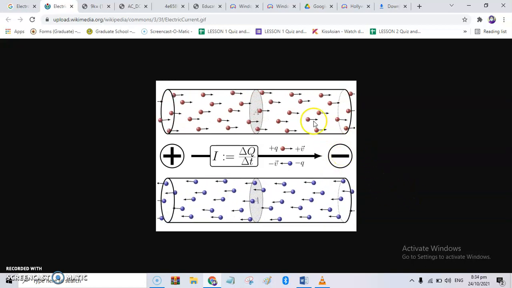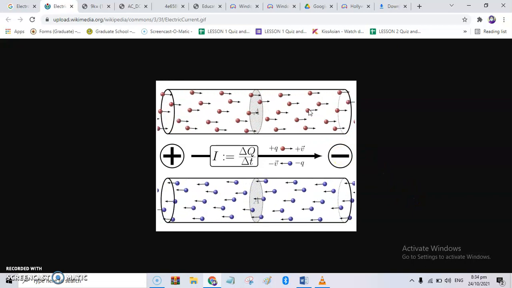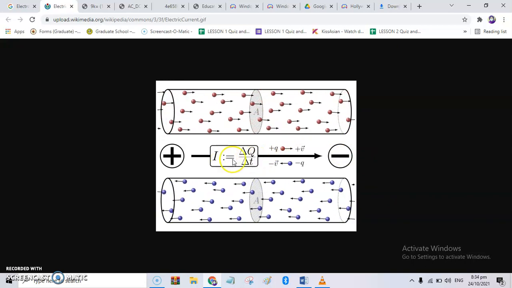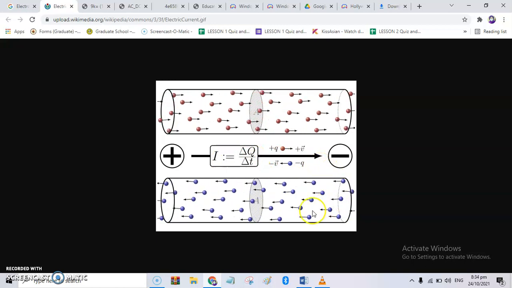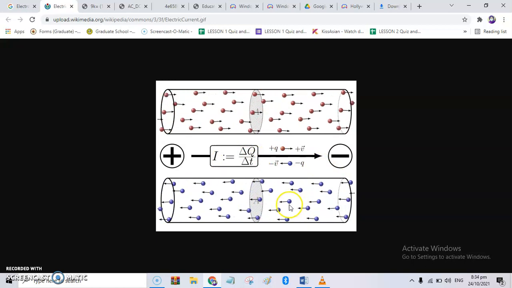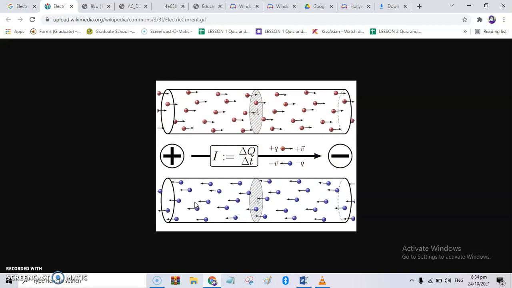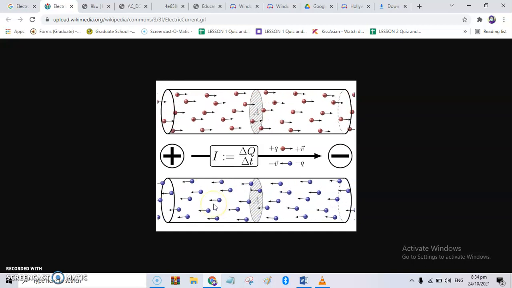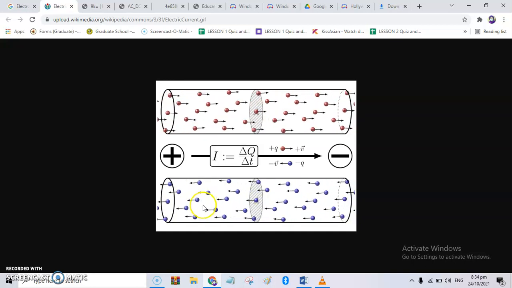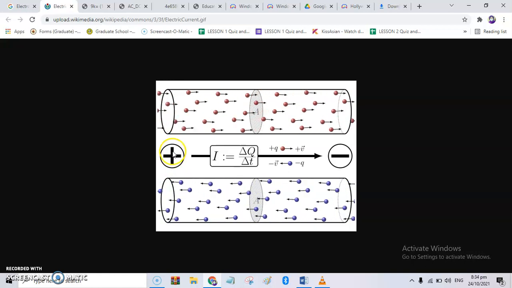This is why the positive charge moves in the direction of the current, while the negative charge moves opposite to the electric field or the current because it is attracted to the positive terminal.